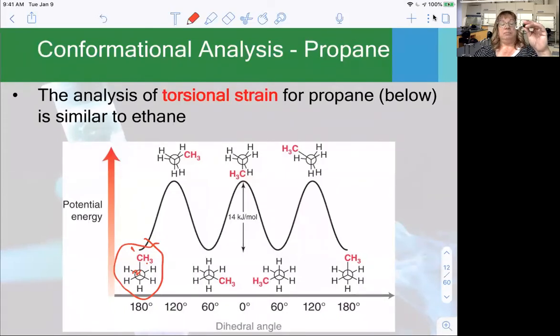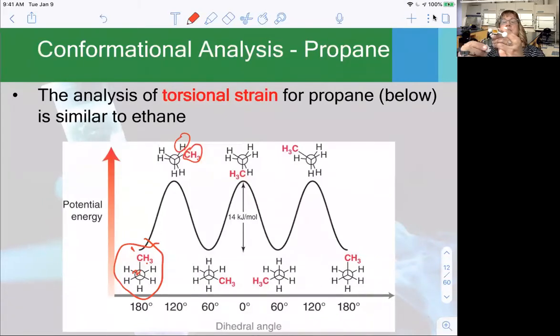Now, I'm going to keep the back constant, and I'm rotating the front so I can correspond to the diagram. I rotate, and now this methyl group and the hydrogen are eclipsed.